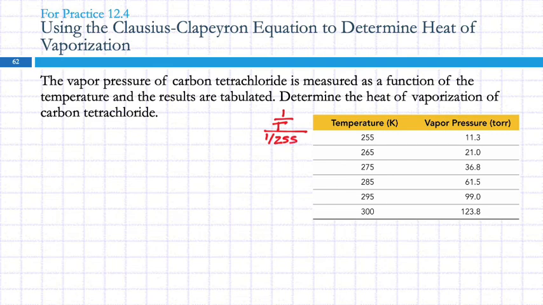You find the decimal equivalent of that, and you do that for all of these. And we need the natural log of the pressure. So we're going to have the natural log of 11.3. And then this is going to be your y variable, I'm sorry, not that one, this one. There's your y variable, and here's your x variable, and you get the slope, and you can calculate delta H from the slope.